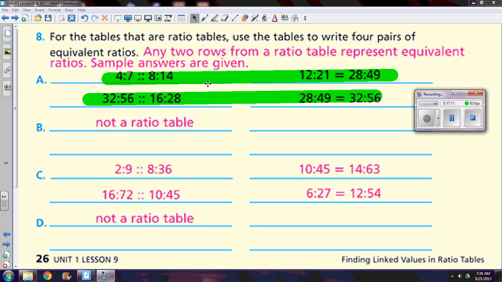And then if you were going to look at the equivalent ratios for C, they're listed: 2 to 9, 8 to 36, 16 to 72, 10 to 45, 14 to 63, 6 to 27, 12 to 54. And then table D was not a ratio table. So again, all I really want you to do is number 8 here, A.